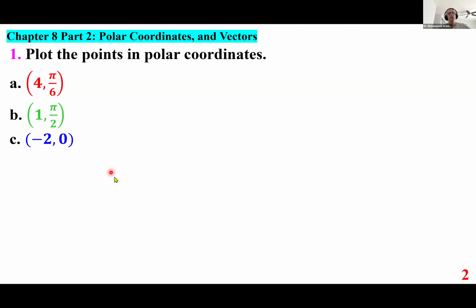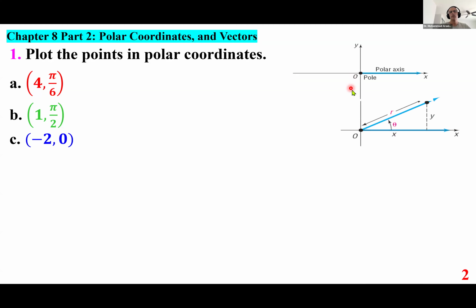Plot the following pairs. Well, let's discuss the polar axis. As you can see, if we look at the basic rectangular grid, as far as the polar grid is concerned, the x-axis is considered the polar axis. A rectangular coordinate system gives us a pair with coordinates x comma y, whereas polar gives us a set of coordinates r comma theta.